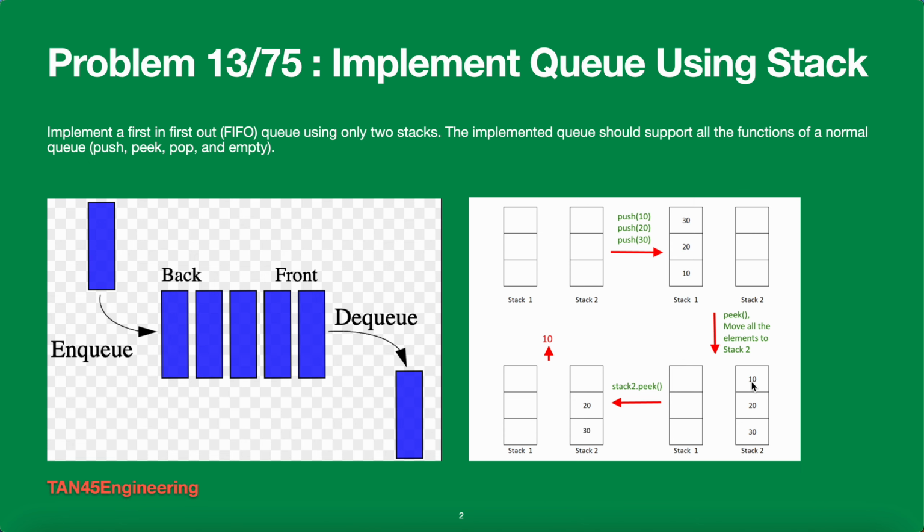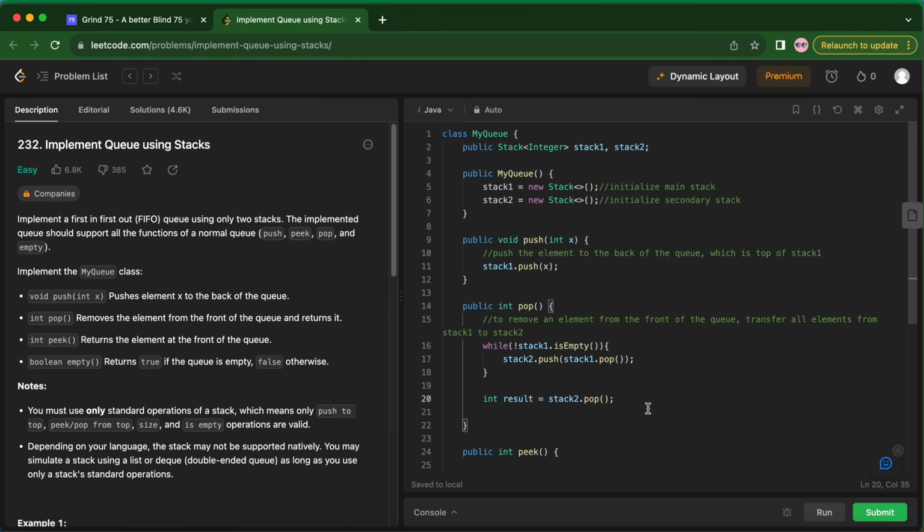If we do a stack dot pop, the first element on top will be 10, which will get removed. So we'll remove 10 this way. Once we have removed it, the element to be removed is now at the top of stack 2.